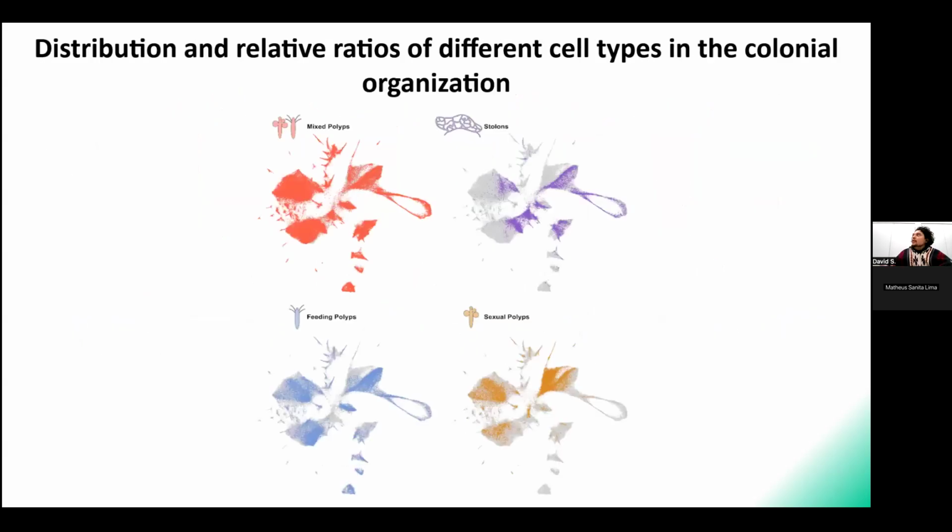And so now with single cell transcriptomics, we can pinpoint all the parts of the colony in the UMAP in the single cell atlas, and we can see just by looking at it that there is an unequal distribution of the colony types in the atlas. So we can take this information and compare all the different parts of the colony and calculate ratios and do statistical tests on it.